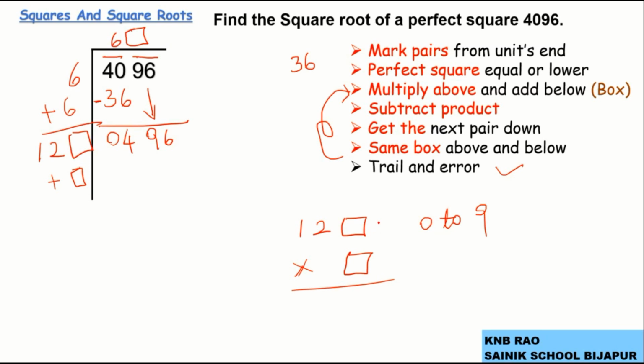So somewhere I can say this digit should be, we need to choose such a way. Suppose if I have chosen 4, definitely 100 fours gives me close to 400.